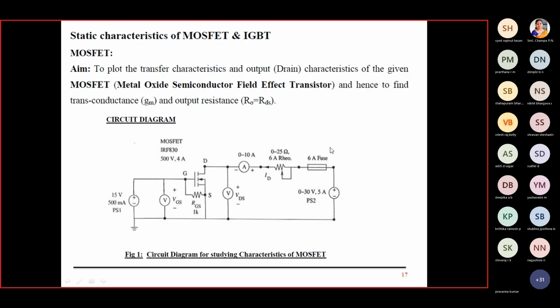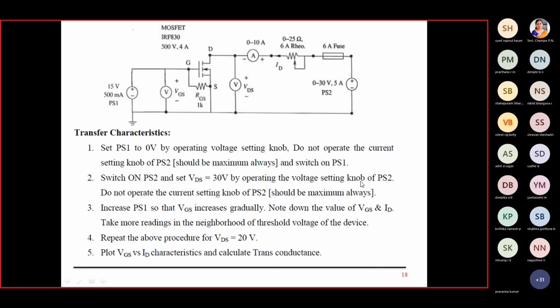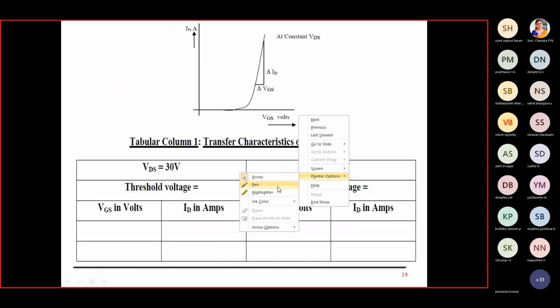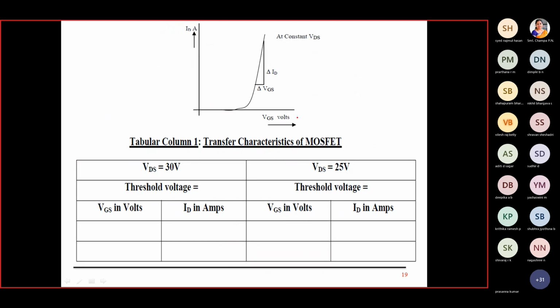Okay. Now, first of all, understand what transfer characteristics is as far as the plot is concerned. Transfer characteristics is a plot of output current ID versus input voltage VGS. So my y-axis is output current, and the x-axis is input voltage.